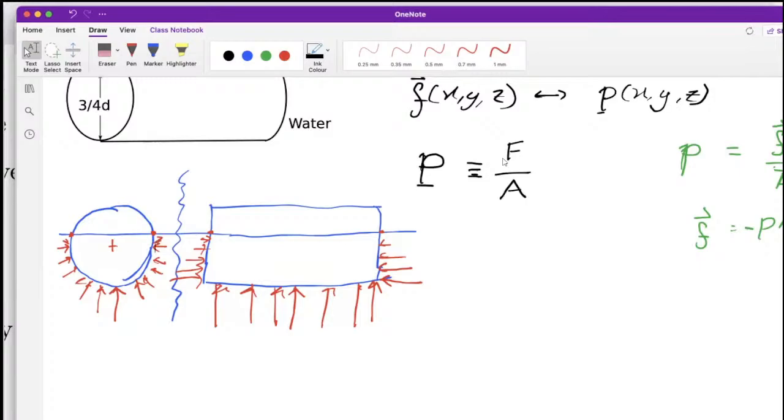So this is how we visualize this force vector in XYZ. And this is also something unusual in a sense, because we don't care about the force within the solid.